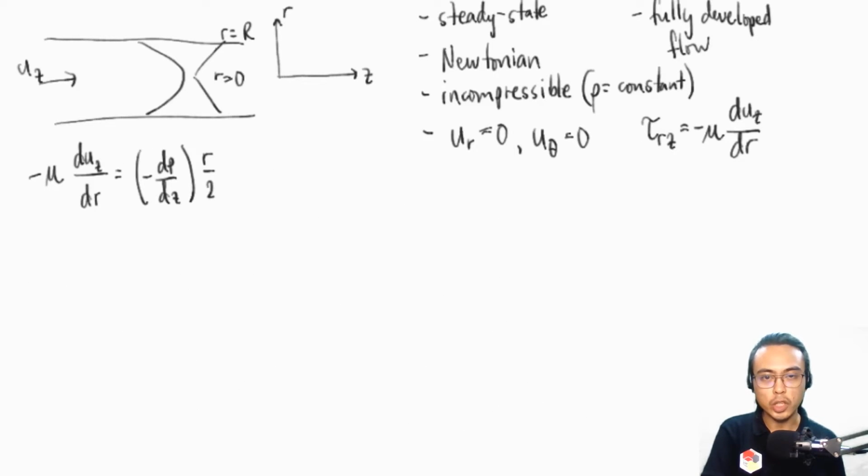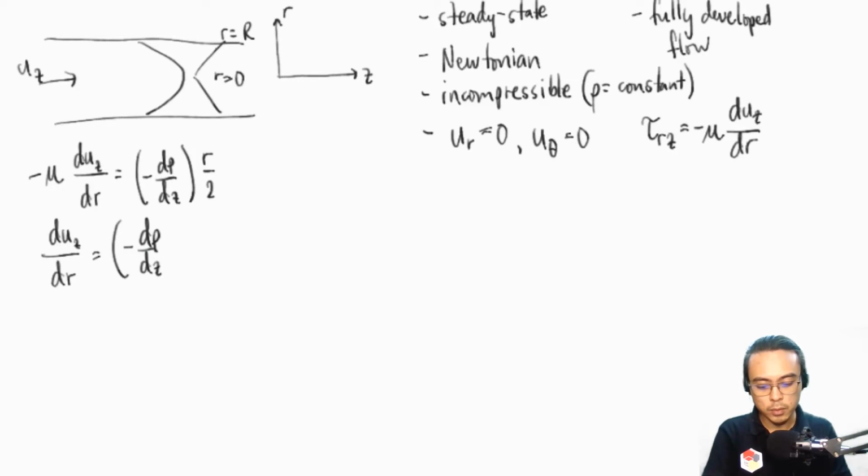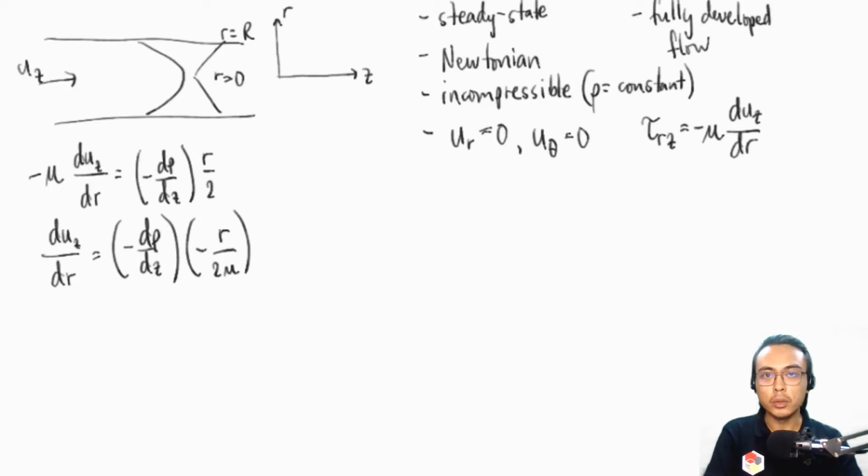Okay, let's continue. Dividing both sides by negative mu, we have duz over dr is equal to negative dp over dz times negative r over 2 mu. This is now an integrable differential equation.